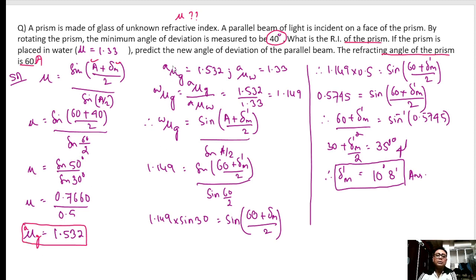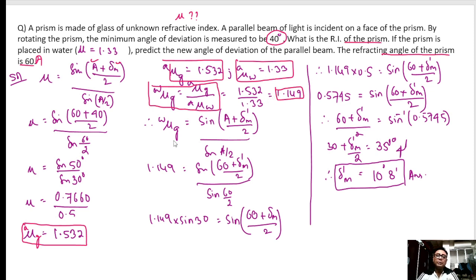Now we know the refractive index. We already know that they have put it in water, so now the ray will go from water to glass, so we have to calculate this, and that value is coming this.